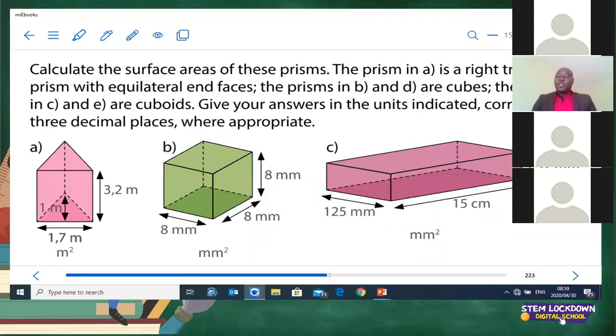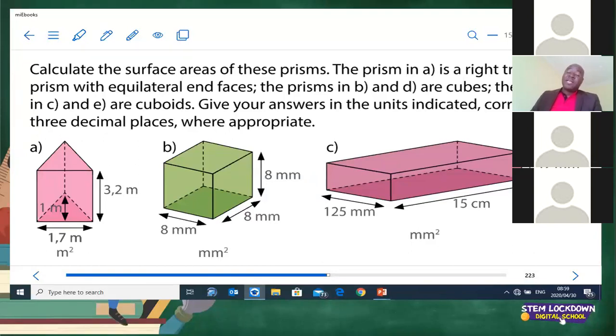Now, if you convert to millimeters already, the breadth is 125 millimeters and the height is 32 millimeters. So all that you do is convert the 15 centimeters to millimeters. And how do you convert centimeters to millimeters? You multiply by 10. Remember that 1 centimeter is equal to 10 millimeters.